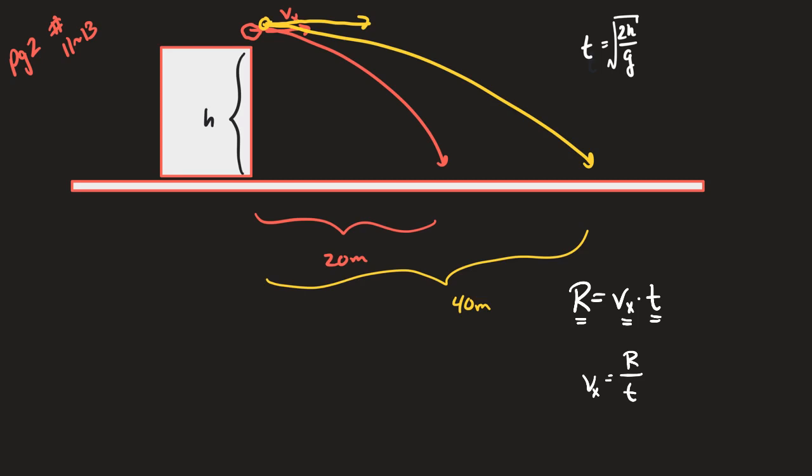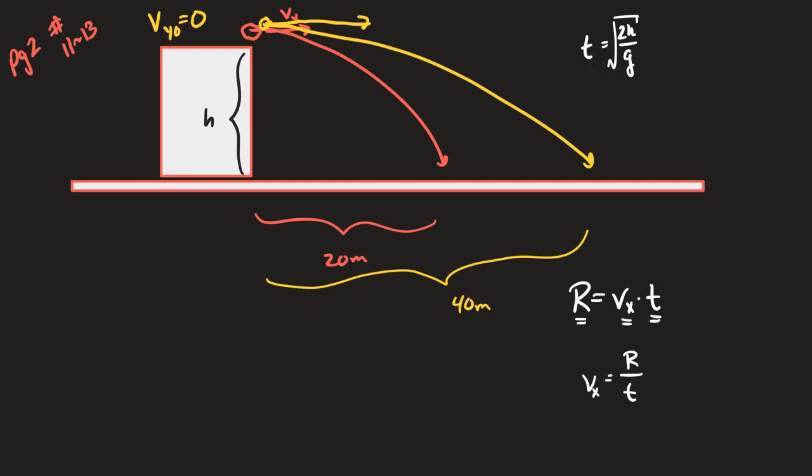It says, compare and contrast the vertical and horizontal components of each rock. The vertical components of each rock, assuming we're talking about the velocity and acceleration, would be the same for both rocks. They both start with a vertical velocity of 0, because they were thrown perfectly horizontally.